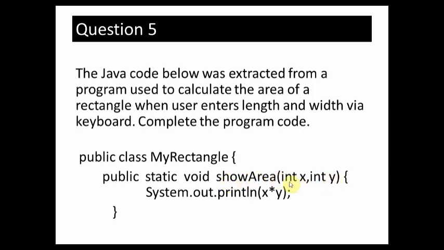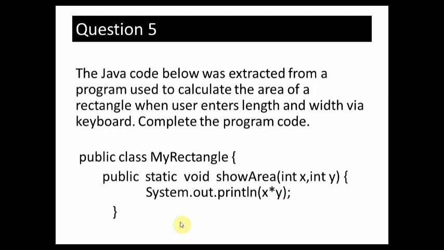It has two parameters, x and y, and this implies basically it's supposed to be receiving two values, one represented by x and the other one by y. And it is also a static method, and then it's giving us the output, which is the product of multiplication of those two values, which we are assuming at this particular point is basically the area of the rectangle.